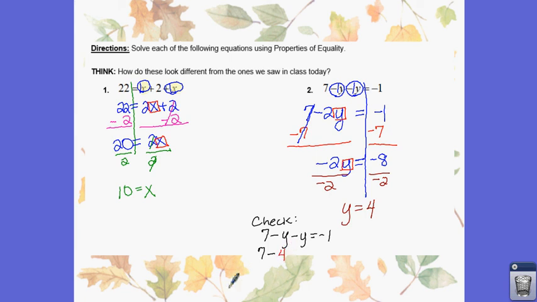And then I'm supposed to subtract y again, so subtract 4. And then we want to check if the left side is equivalent to negative 1. 7 minus 4 is 3. 3 minus 4, different sign subtract, we get negative 1. So our solution is correct.